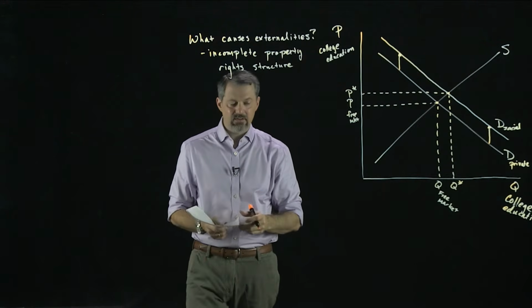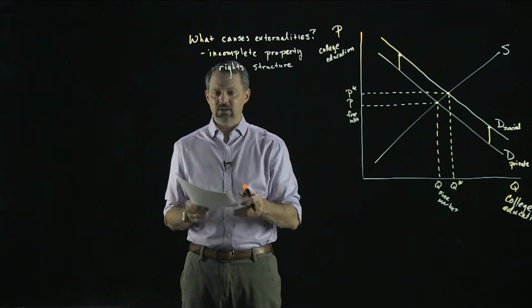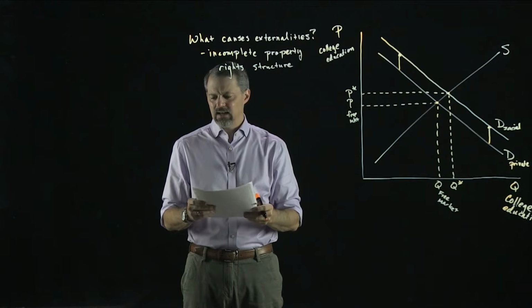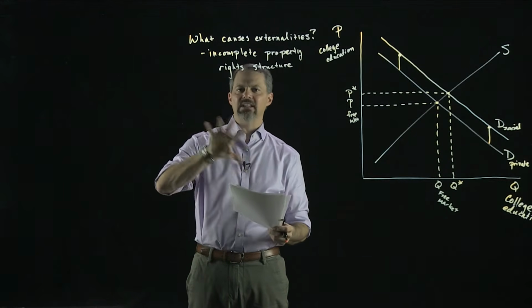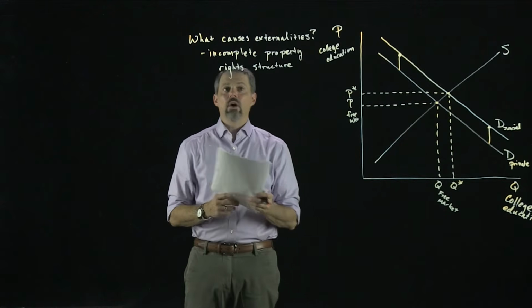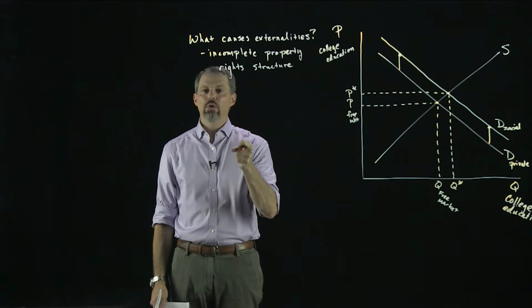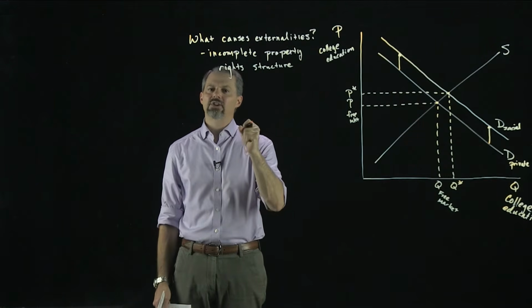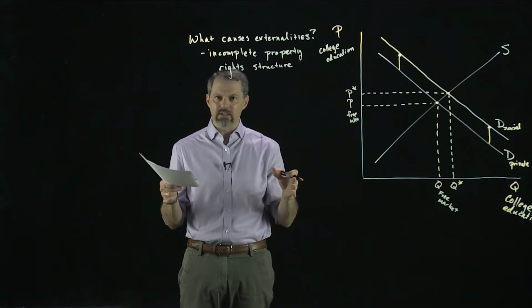In that case, the cost of the pollution is passed on to society. That is a situation where the firm would be able to make that cost external to them. They don't have to worry about it. And what is different between the two situations is who owns the property, whether it's owned by a private individual or whether it's public property.